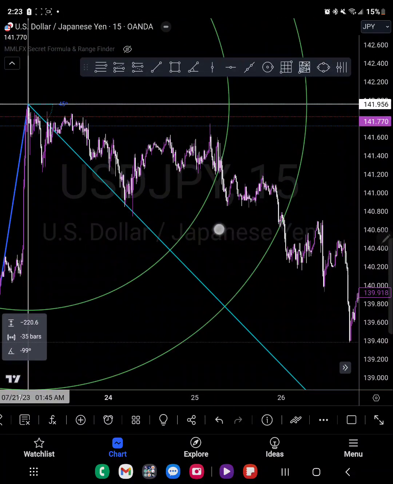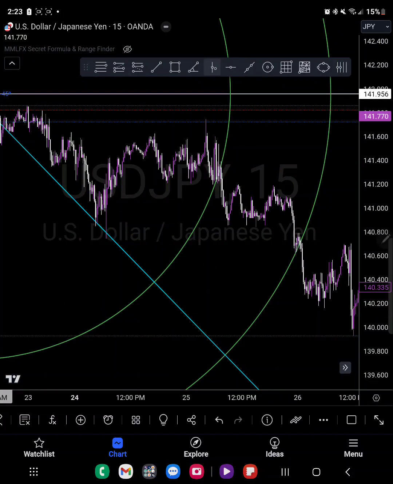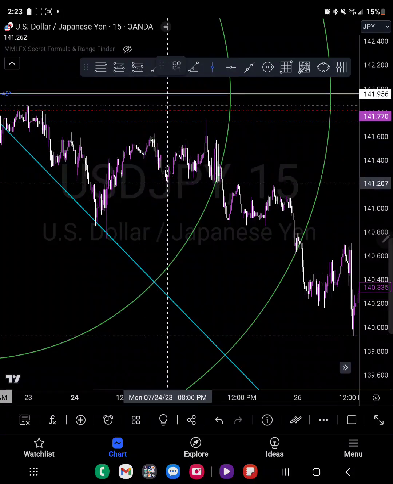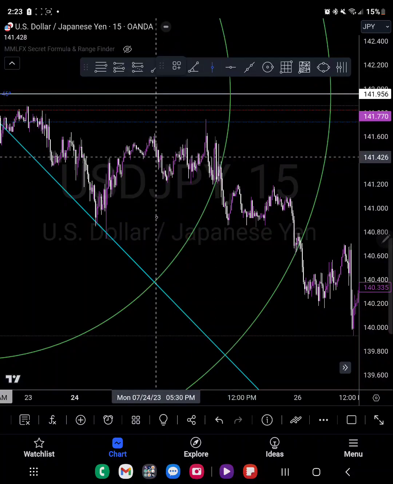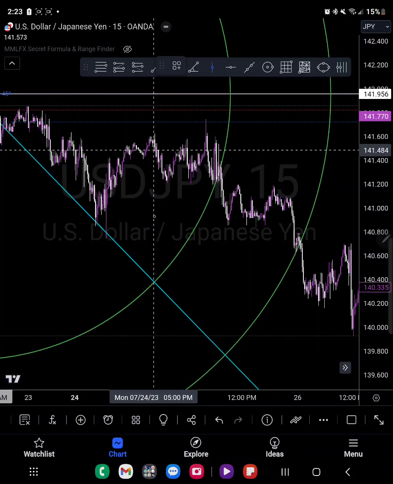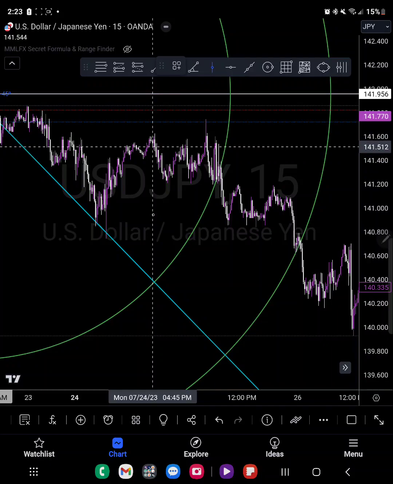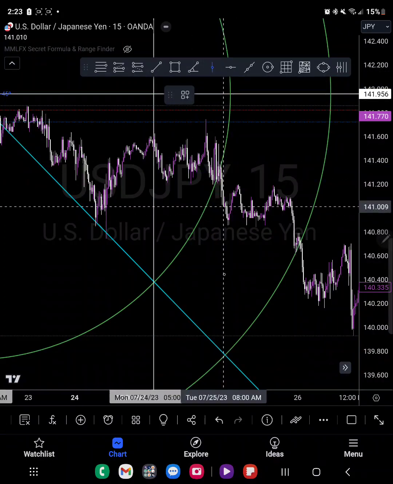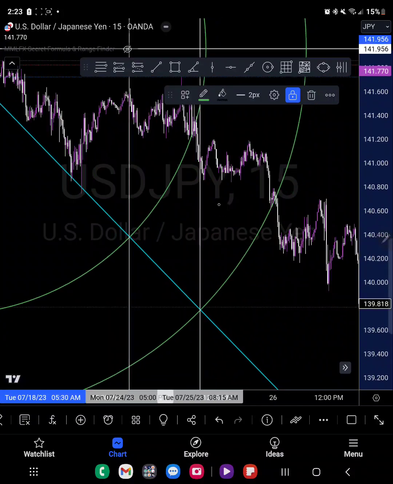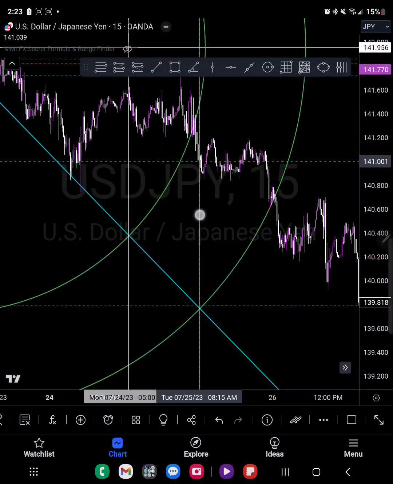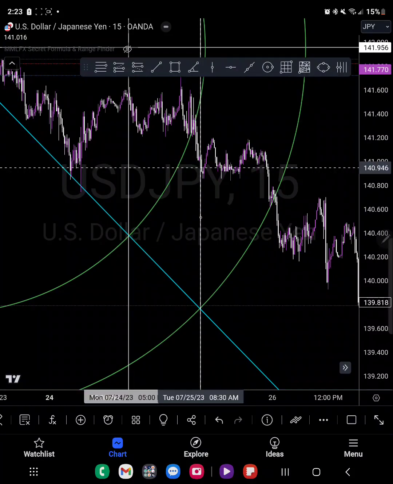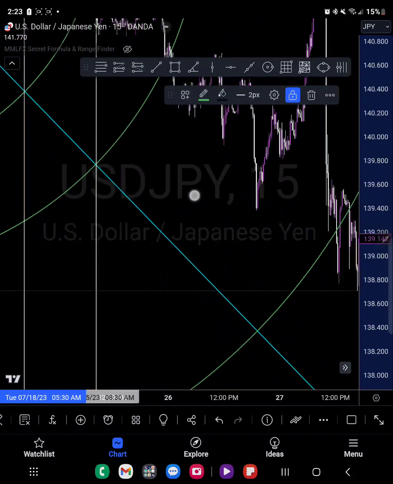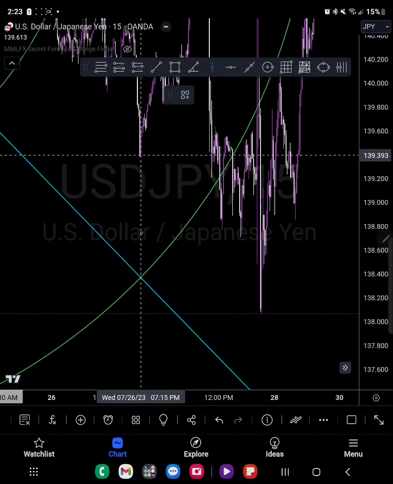Where the 45-degree angle intersects with the circles, we're simply going to mark a horizontal line as close to the origin as possible. This one could have been either or here. We're just going to go with that one. And then we have one over here.